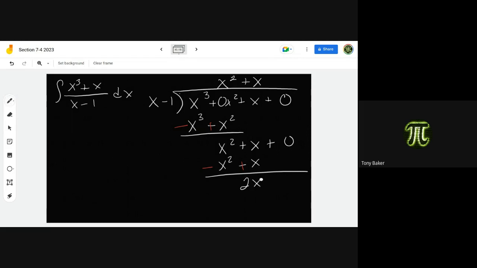So I have 2x plus 0, and then I have plus 2. So 2x minus 2. Change my signs, and I have a remainder of 2. So this problem becomes x squared plus x plus 2 plus 2 over x minus 1.